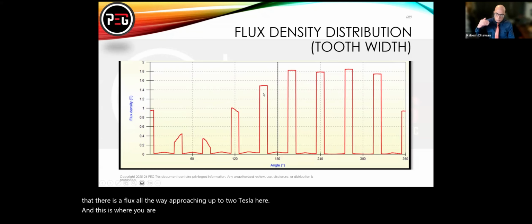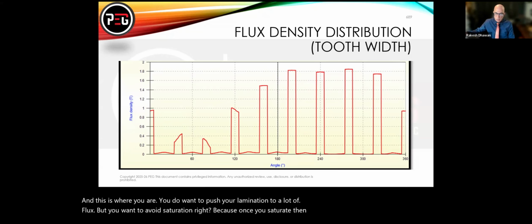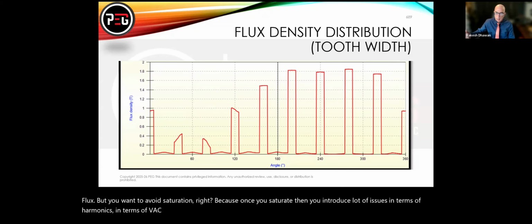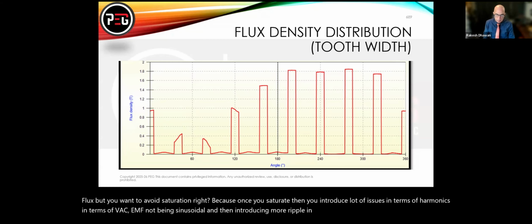You do want to push your lamination to a lot of flux, but you want to avoid saturation, right? Because once you saturate, you introduce a lot of issues in terms of harmonics, in terms of back EMF not being sinusoidal, and then introducing more ripple in your design.